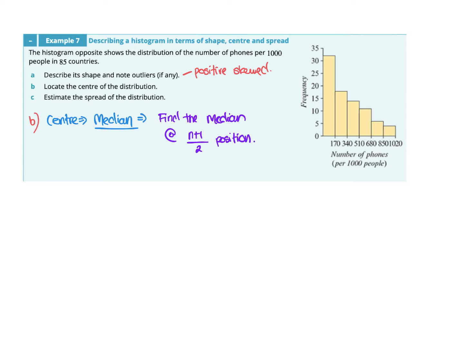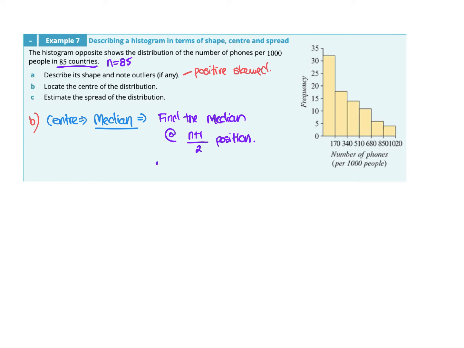Here, n is how much data they collected, and generally they will tell you in the blurb of the question. You can see they said the histogram opposite shows the distribution of the number of phones per 1,000 people in 85 countries. So n equals 85.